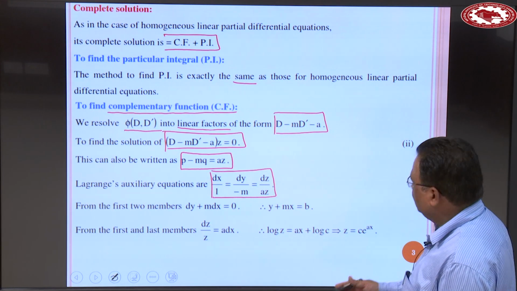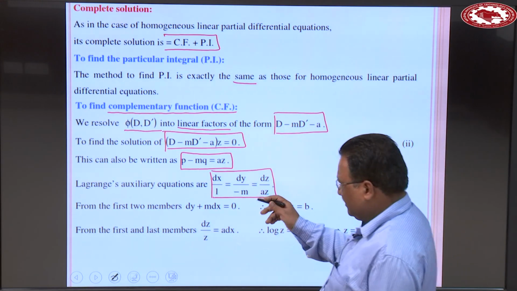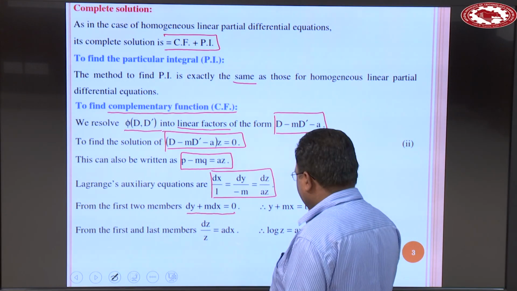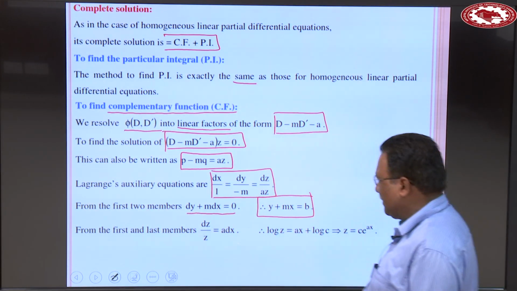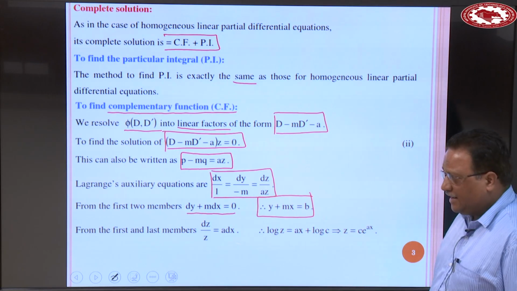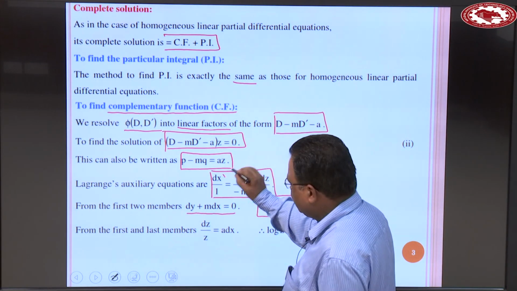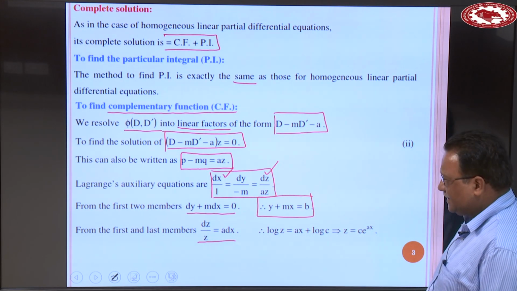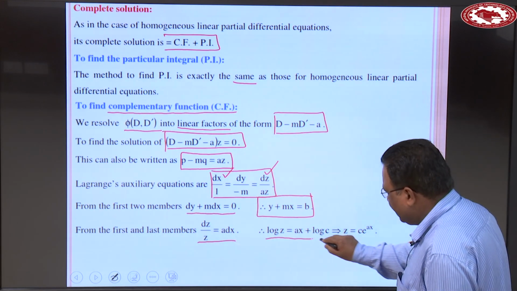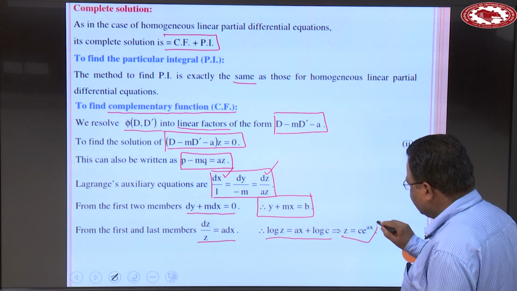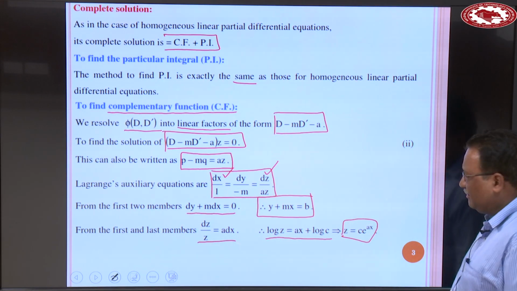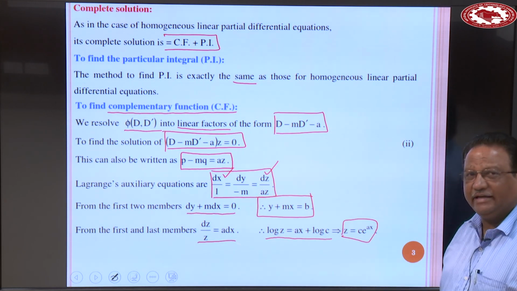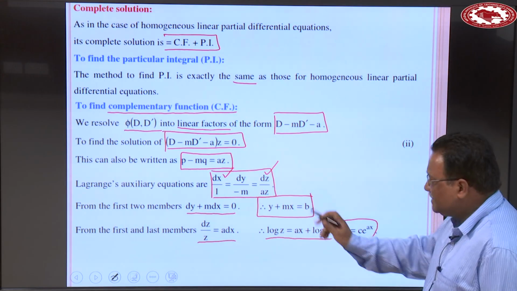From the first two members, we get dy + m dx = 0, and from this we get y + mx = b. And from the first and last members, we obtain dz/z = a dx, that is log z = ax + log c. This means z = c e^(ax). So from this, c = z divided by e^(ax), and b = y + mx.